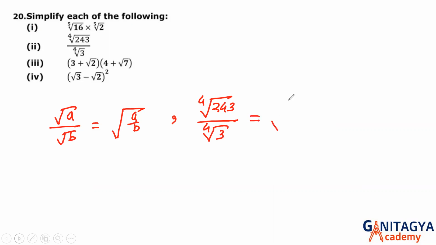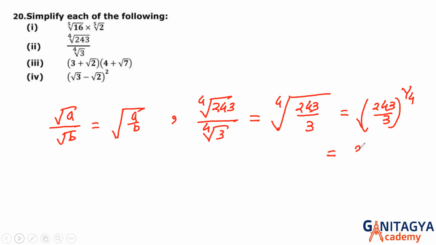So can I write the common power 1/4 and it is (243/3)? So (243/3)^(1/4). If you solve 243 upon 3, it will be nothing but 3 into 81 upon 3, isn't it? That is to the power 1/4.